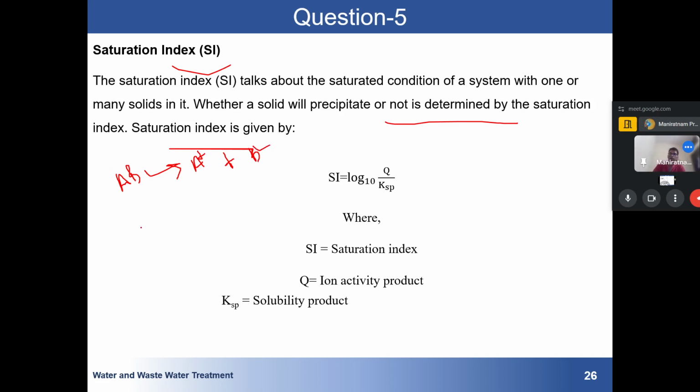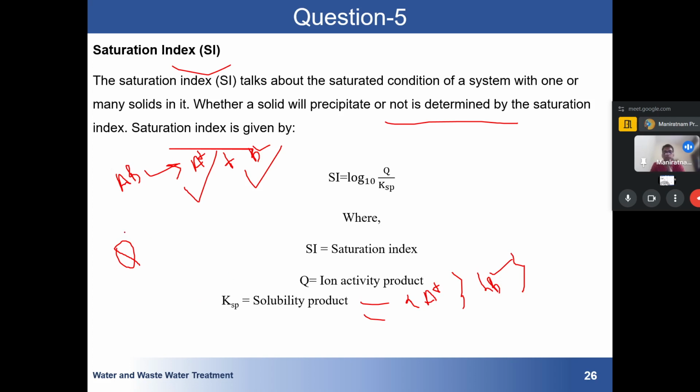plus B-. And its KSP will be equal to the activity of A+ at equilibrium times B-. This will be KSP at equilibrium.